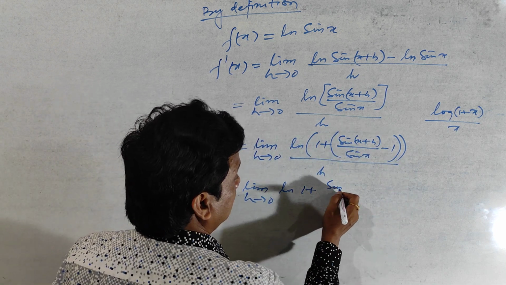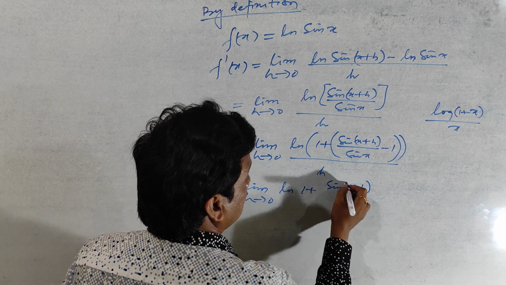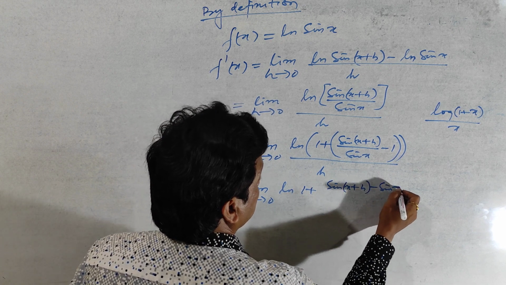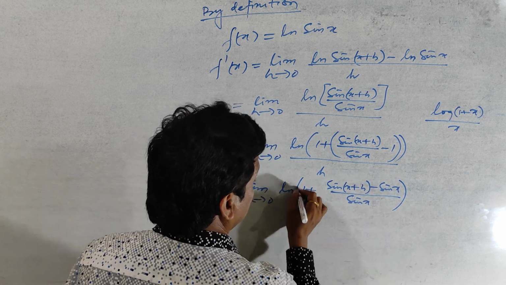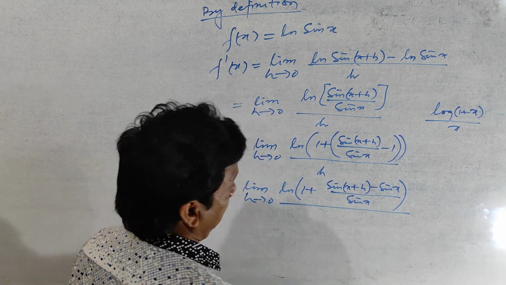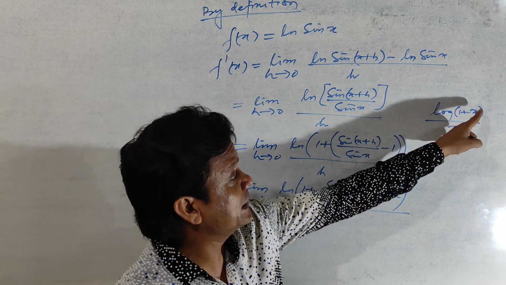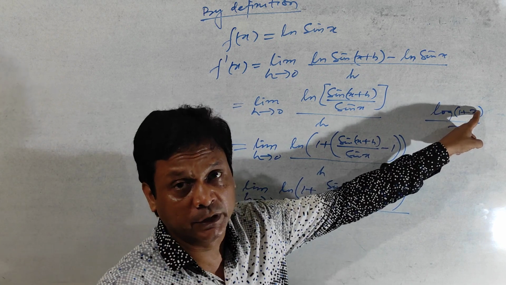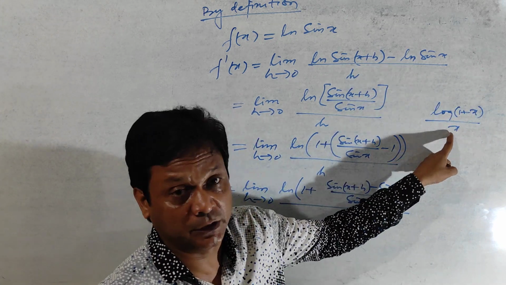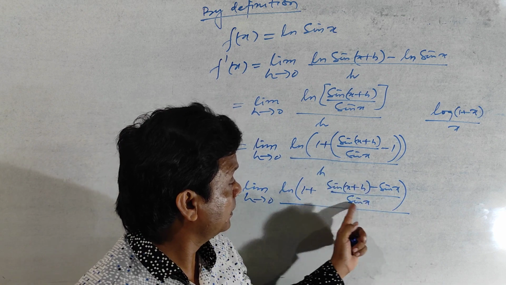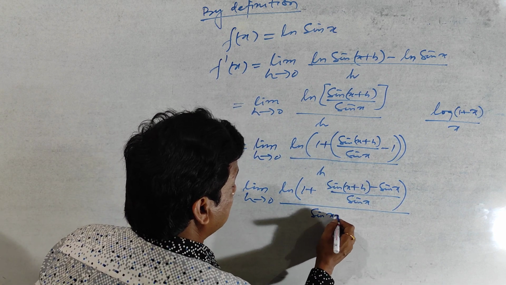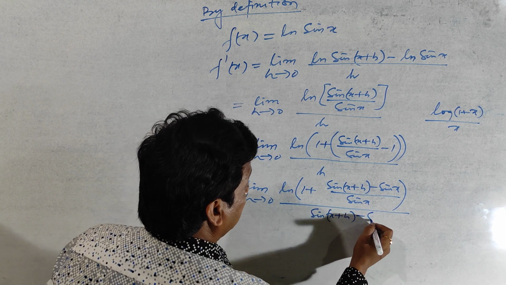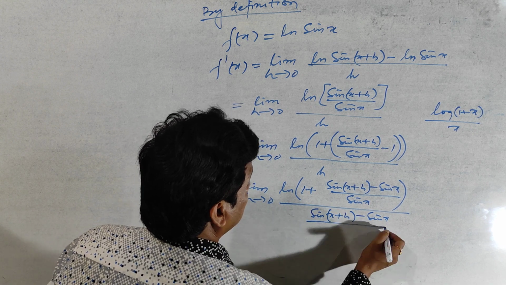It will be sin x plus h minus sin x divided by sin x. Divided by, I have told you, log of 1 plus variable, and that variable should be in the denominator. And here the variable is this one. So write it in the denominator: sin x plus h minus sin x divided by sin x.